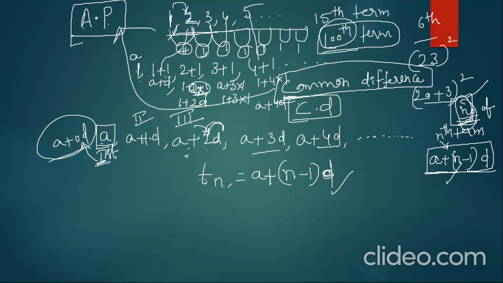In the same way, Tn is equal to, because n is here, what does n represent? This is a very important point. Don't get confused here: Tn means the nth term.